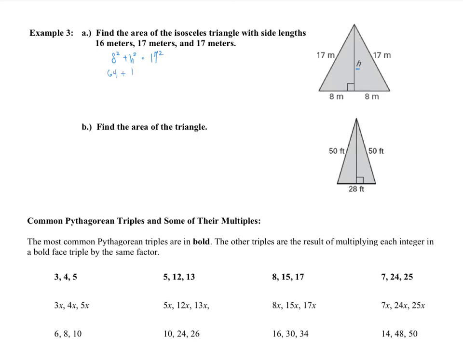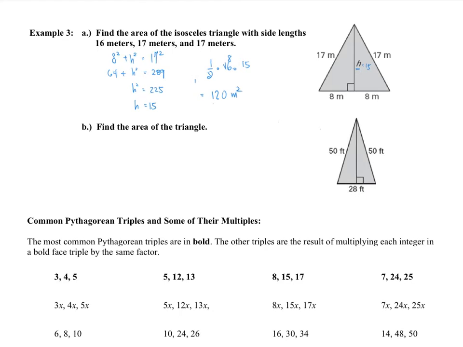And we work this out, then h squared would be equal to 225, and h would be equal to 15. And then we have to find the area of this triangle. So we simply take half times the base, which is 16, times the height. So that'll be 120 meters squared.